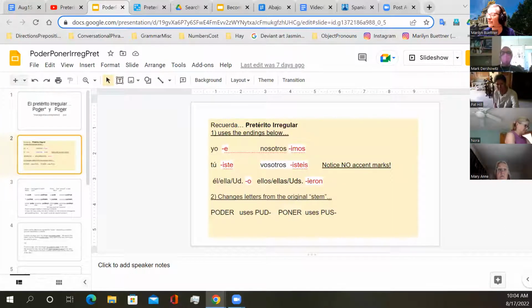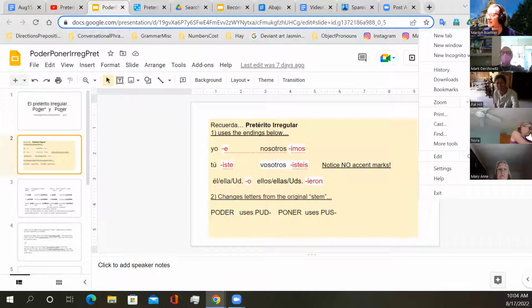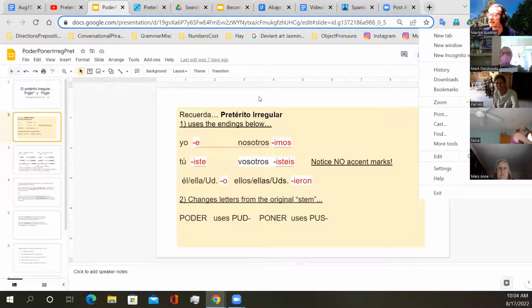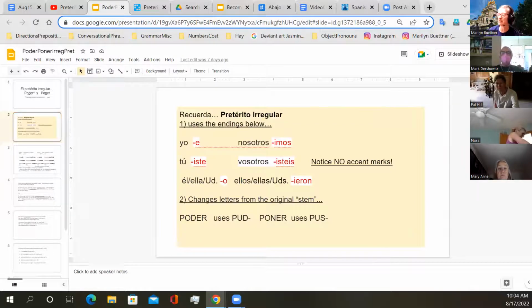But again, they're going to use these very predictable endings. These are the endings that we use for a lot of irregular preterites: the iste, o, imos, ieron conjugation endings, no accent marks. And the stem will undergo this kind of change.